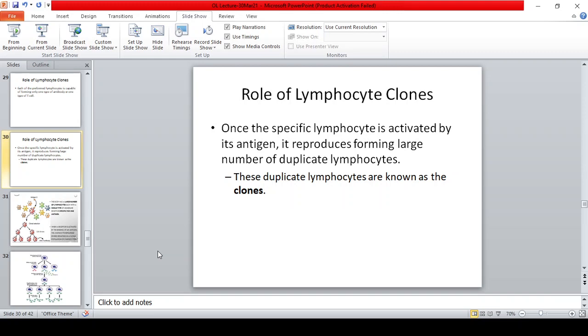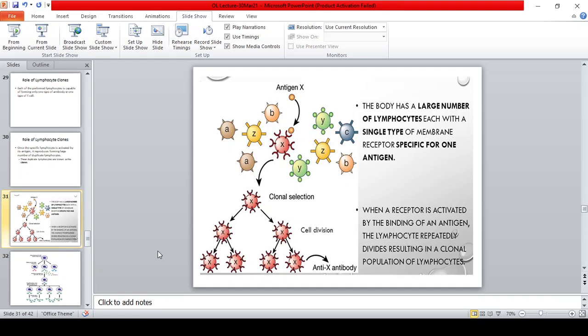So you can see this in this figure, that somewhere here, this is an X lymphocyte, this is an A lymphocyte, this is a B lymphocyte, this is a Z, and this is the Y lymphocyte. So there is an antigen X to which this receptor protein on the X lymphocyte is already there.